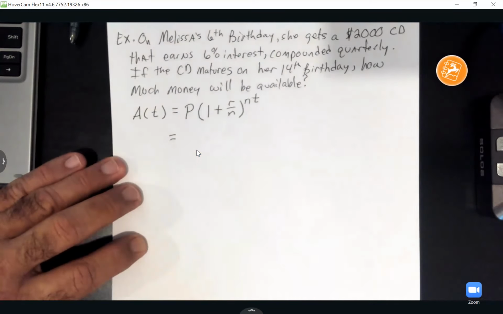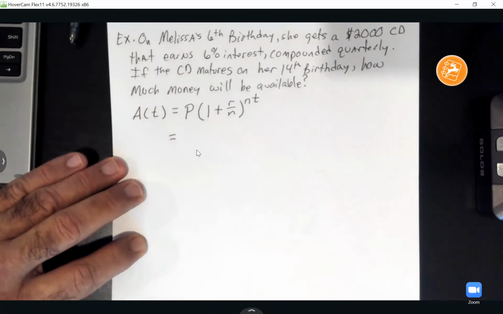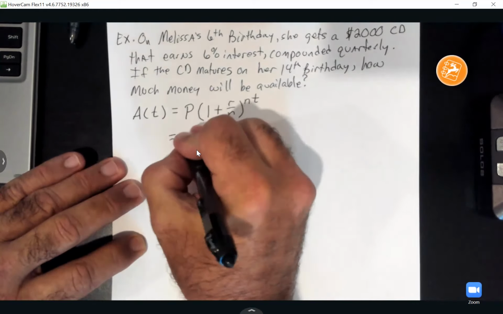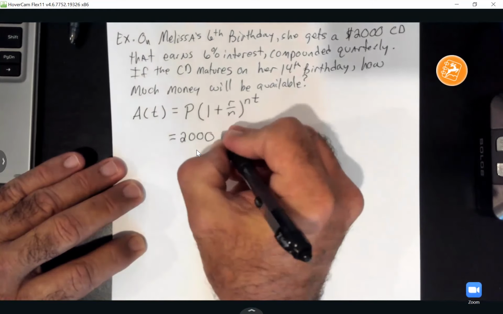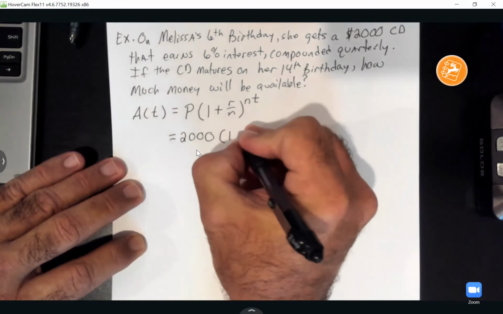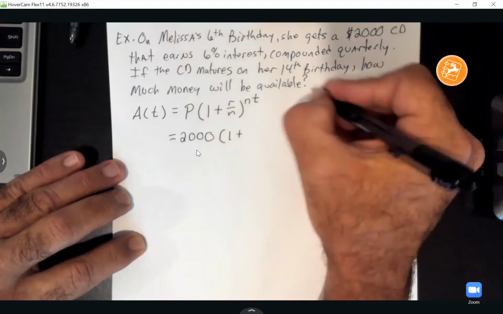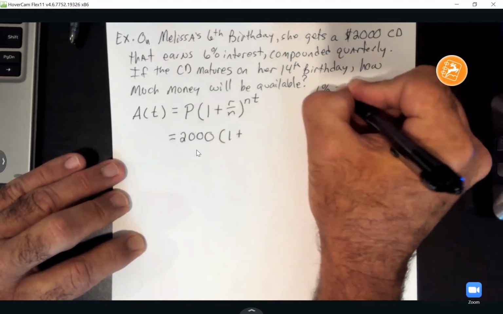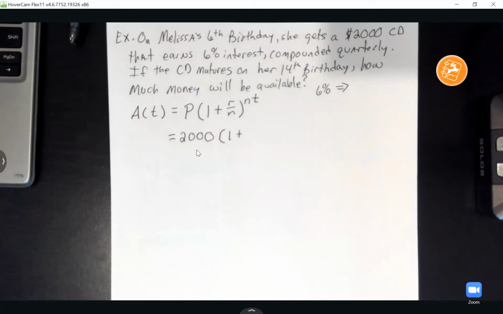So the first question, what is my principal balance? $2,000. All right, then we got 1 plus R. We got 6%. So y'all turn that into a decimal.